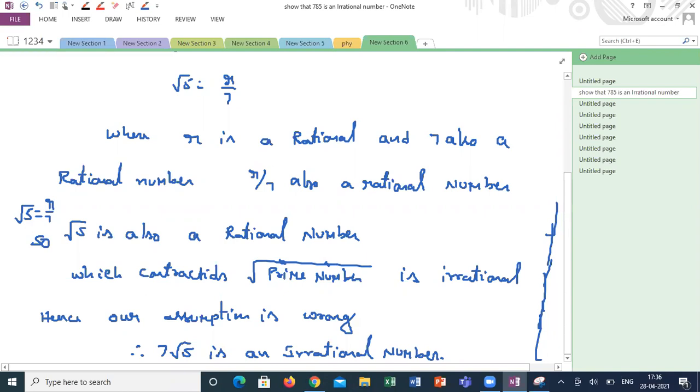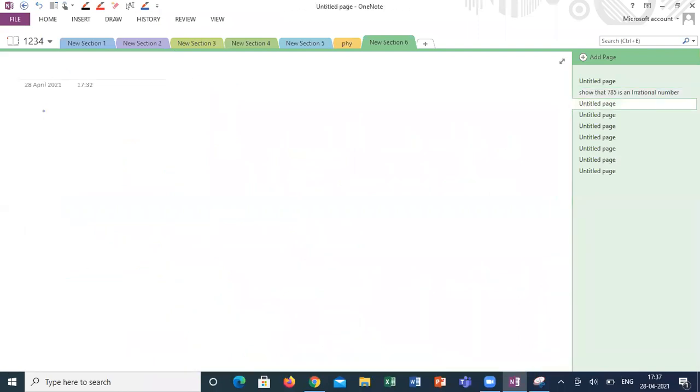Next one. What is the next question? Prove that root 3 plus root 5 is an irrational number.